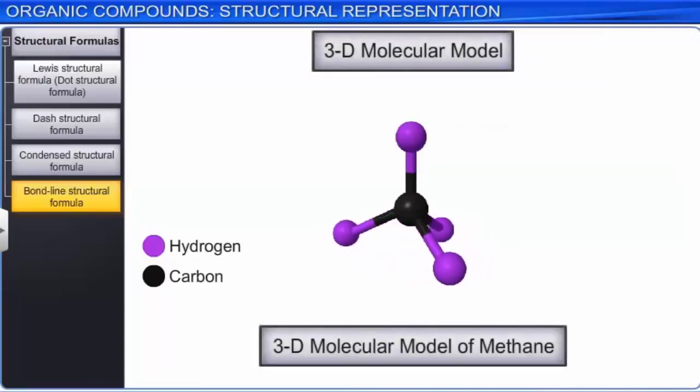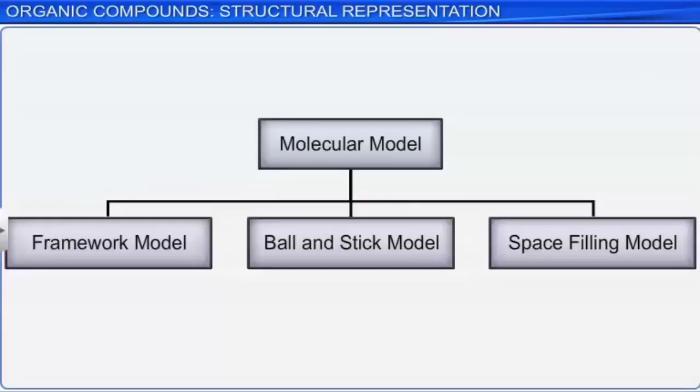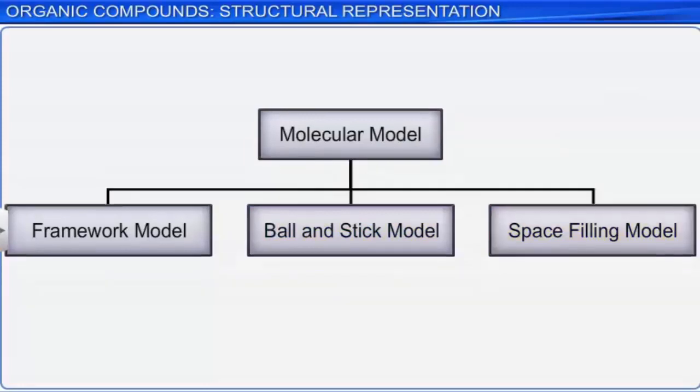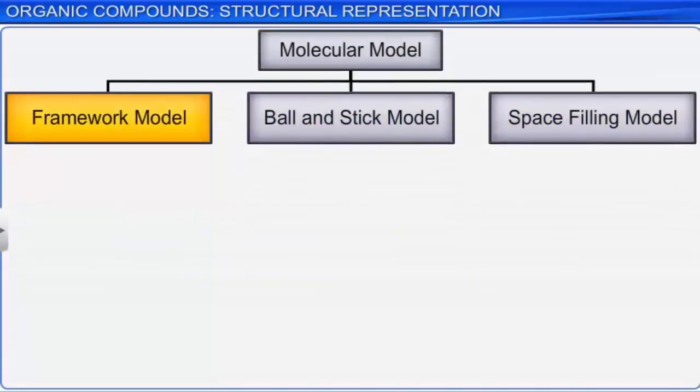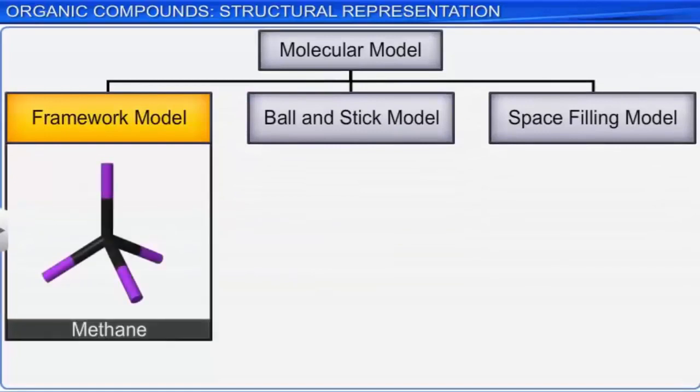3-dimensional molecular models are used for better visualization and perception of the shapes of organic compounds. There are 3 types of molecular models: framework model, ball and stick model, and space filling model. In the framework model, the atoms are not shown.